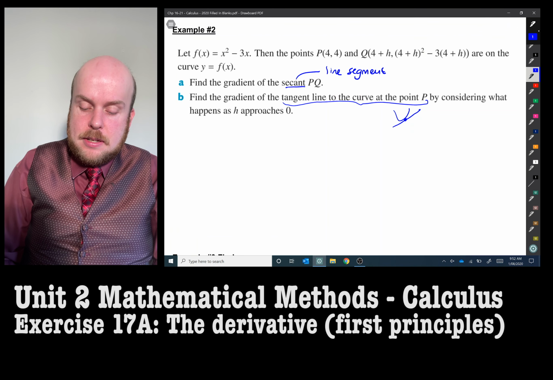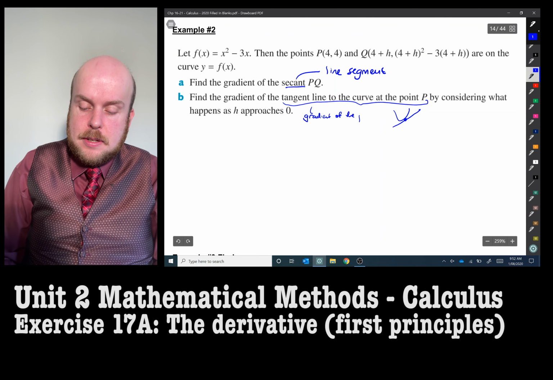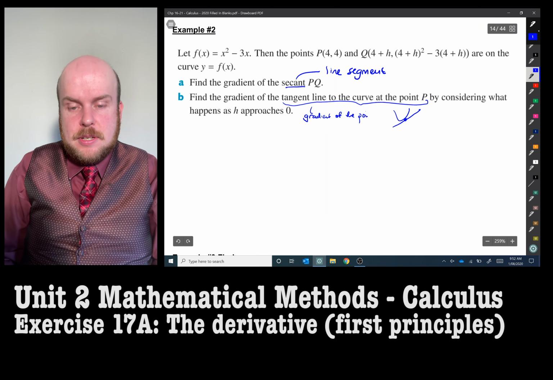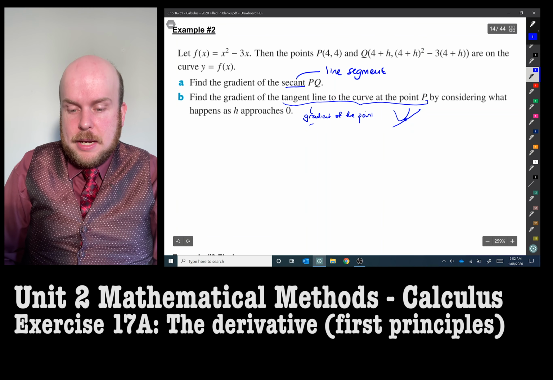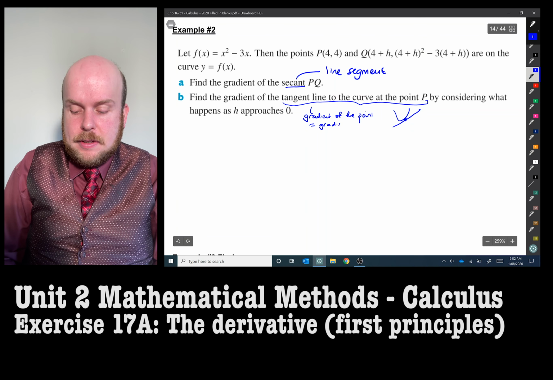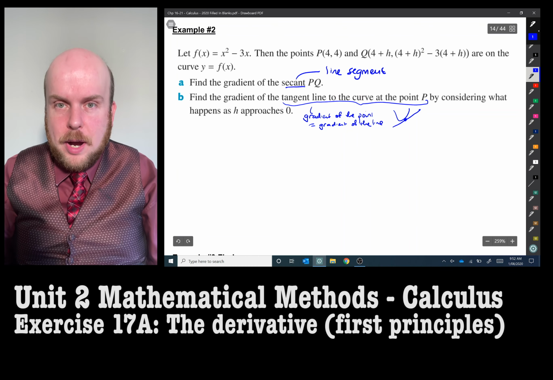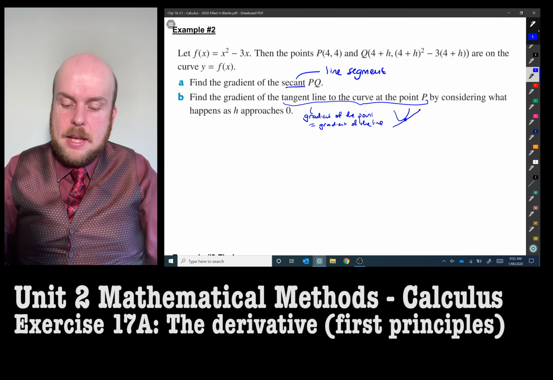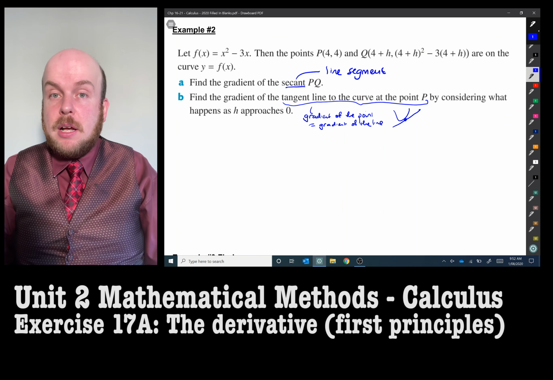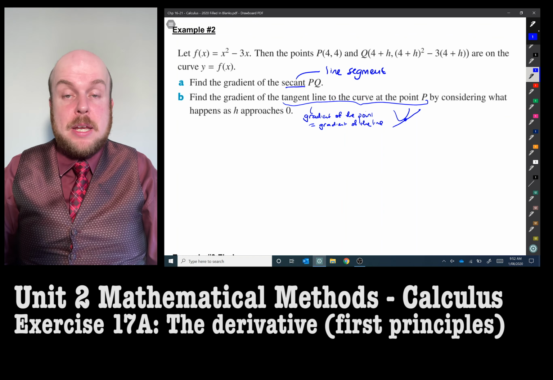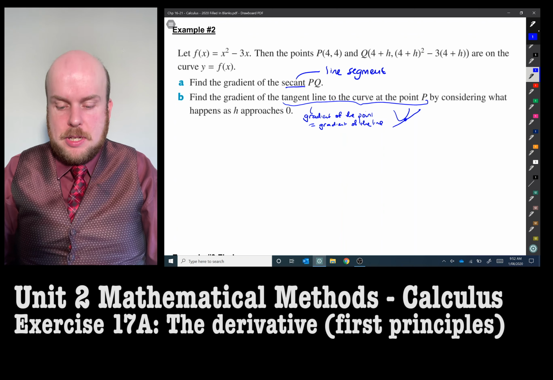The gradient of the point that it touches is equal to the gradient of the line. This little relationship will help you quite a lot in methods, as long as you remember that the gradient of the tangent line is the same as the gradient at the point at which it touches.